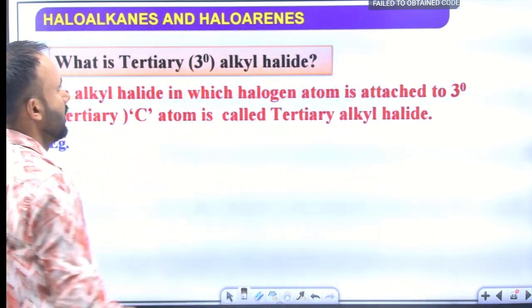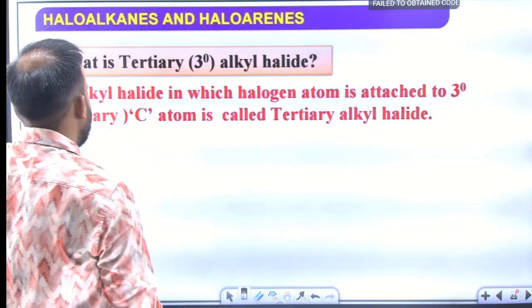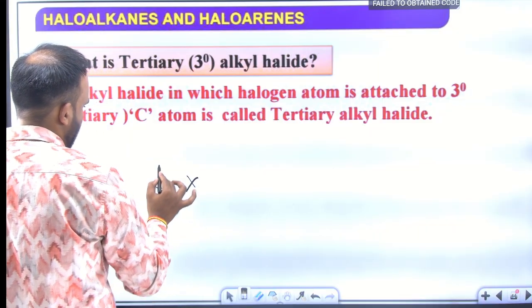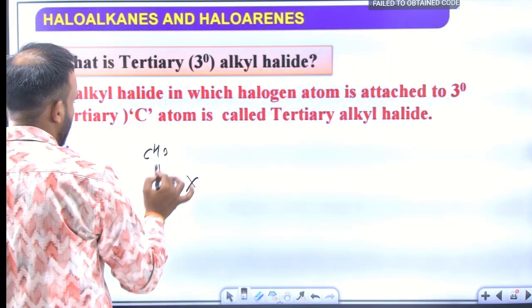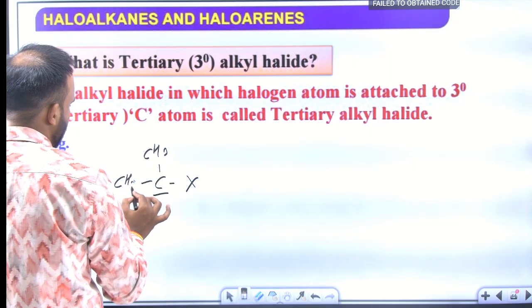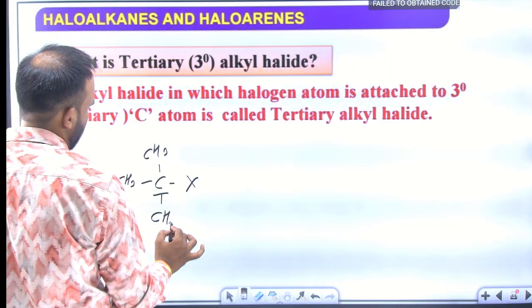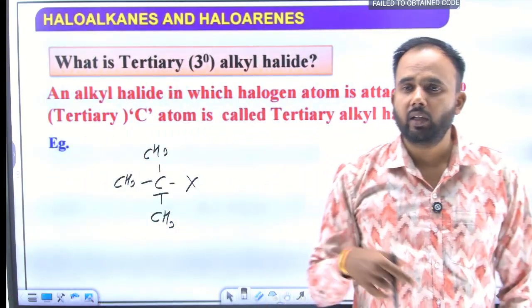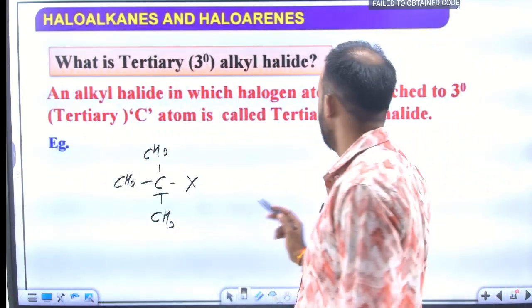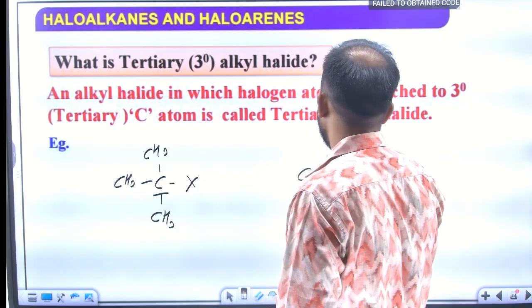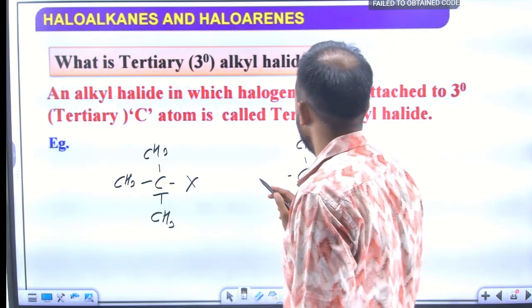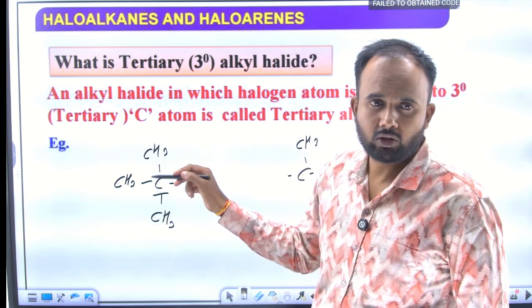The next thing is tertiary alkyl halide. In tertiary alkyl halide, the carbon is attached with alkyl groups on all three sides. This carbon is attached with three different carbons. If you replace with chlorine, generally you mention CH3, but it's not compulsory to always mention CH3.